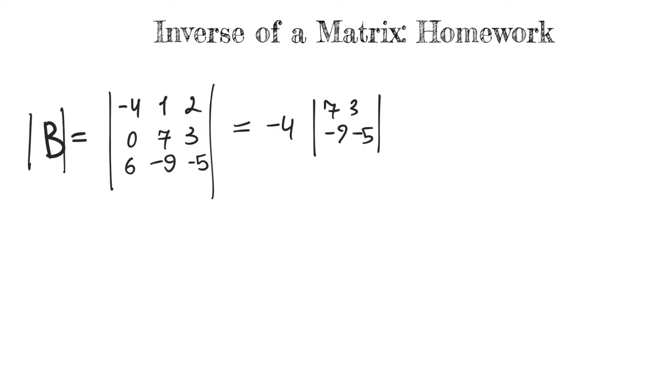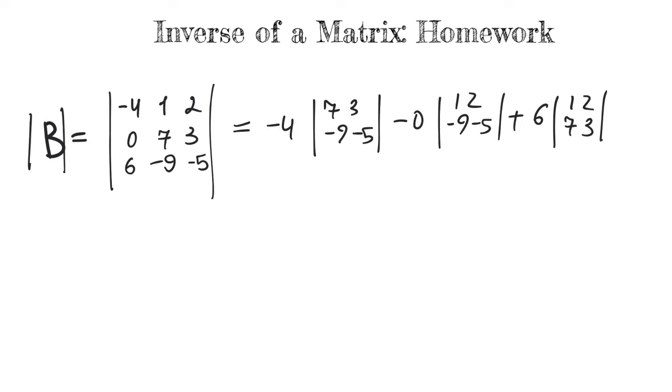Now we have -0, and the coefficient to that is 1, 2, -9, -5, plus 6, and its coefficient, if we cross out the first column and the third row, is 1, 2, 7, 3.